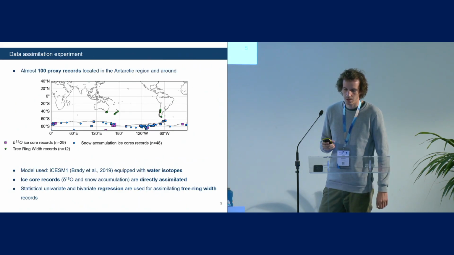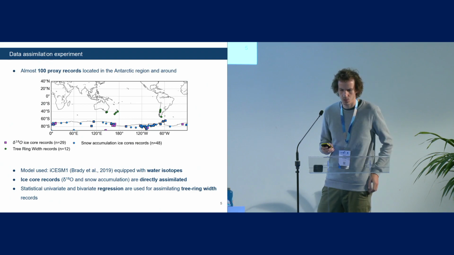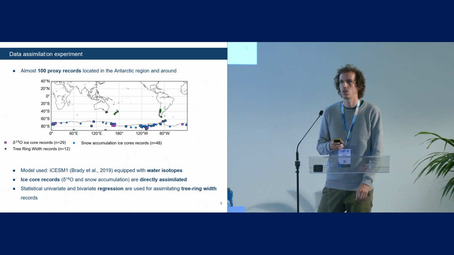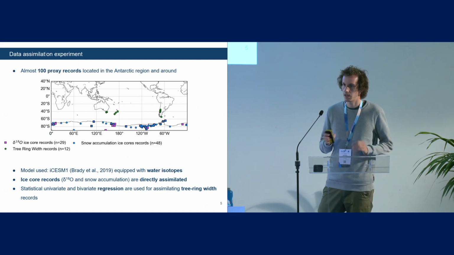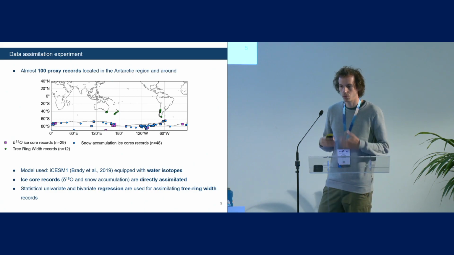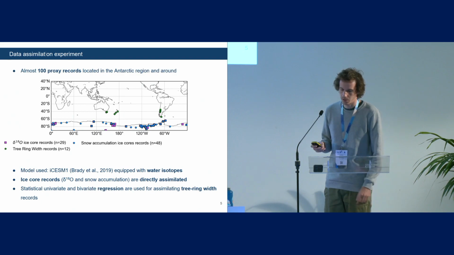So here I will present a study that we did 2 years ago. We assimilated all the ice core records, water isotopes and snow accumulation, plus the tree rings, to reconstruct the climate over Antarctica over the last 2 centuries.